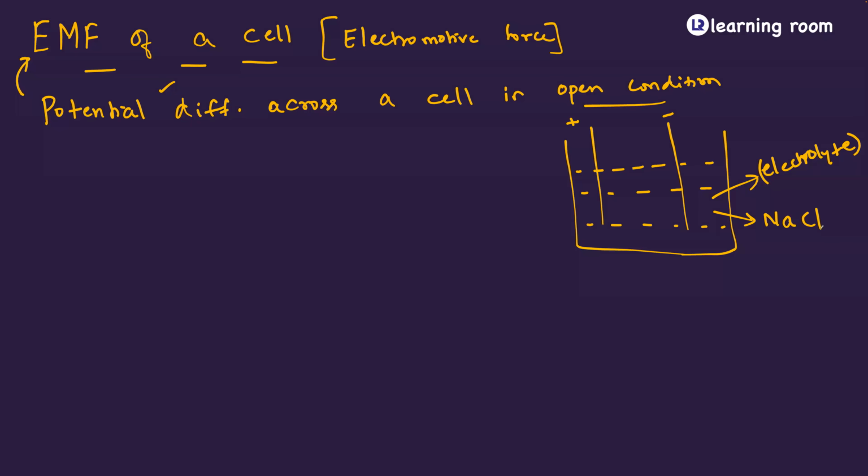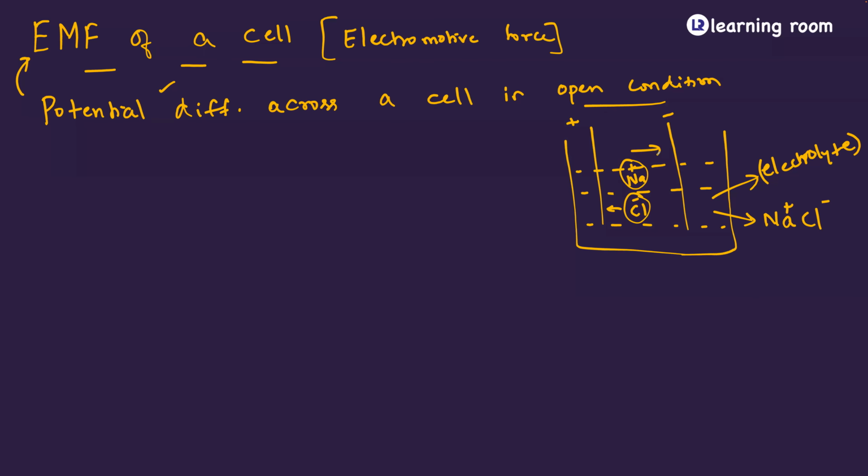It will get split as Na plus and Cl minus. We'll use the basics of electrostatics to understand what will happen. If this is the positive terminal, which ion will have the tendency to get attracted? Cl minus will travel in this direction and Na plus will travel in the opposite direction.